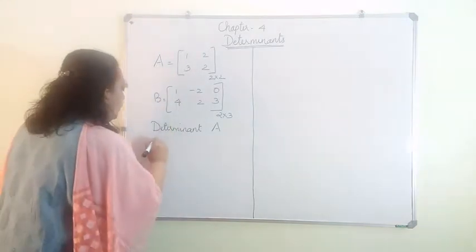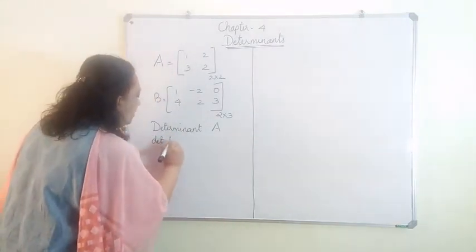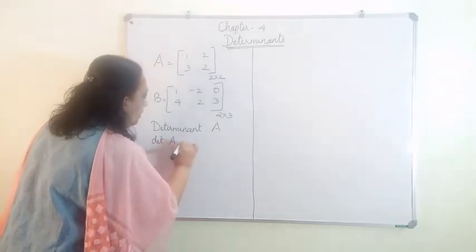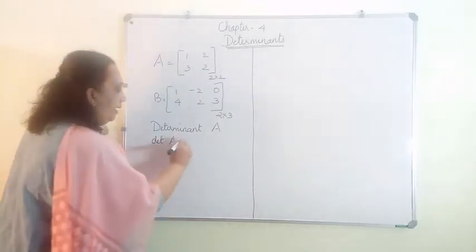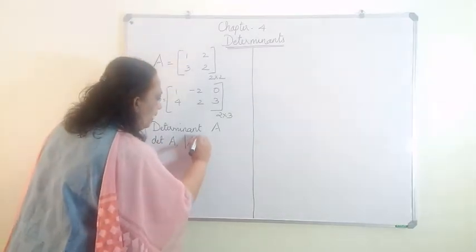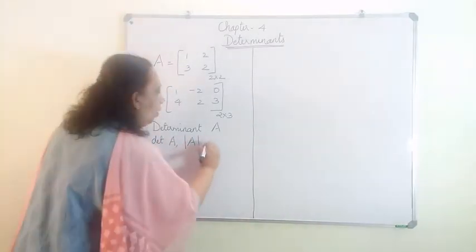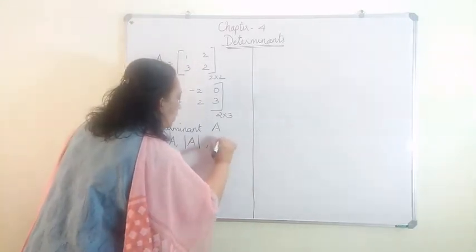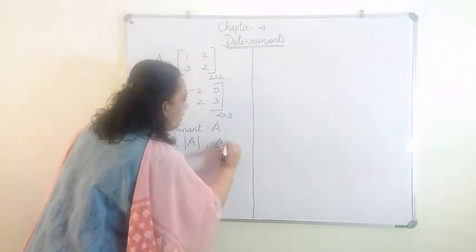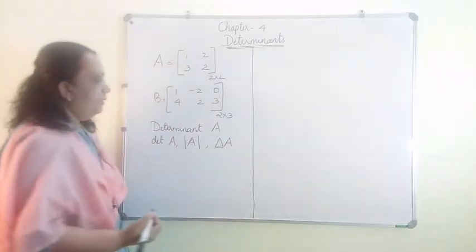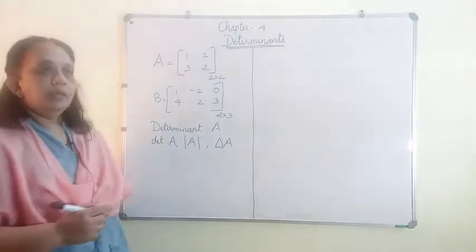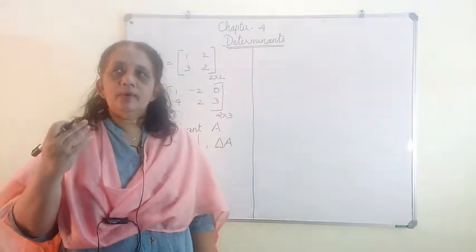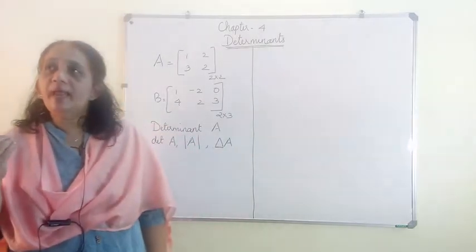So, the determinant of the matrix A is denoted by determinant of A, or it is also denoted by the determinant of the matrix A. Now, when you consider a determinant, it has a finite value.